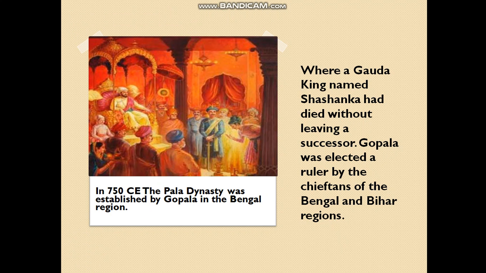So this is the Pala dynasty where a Gauda king named Shashanka had died without leaving a successor. He did not have a successor, though because it was a dynasty, he had to have a successor. So Gopala was elected a ruler by the chieftains of the Bengal and Bihar regions. Did you get it? So who was elected? Gopala was elected as the chieftain of the Bengal and Bihar regions of the Pala dynasty.